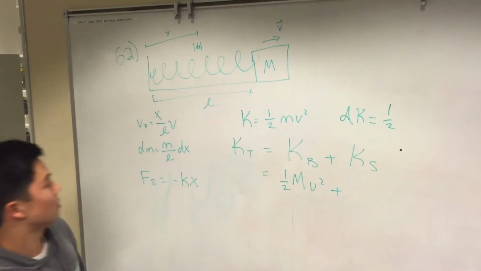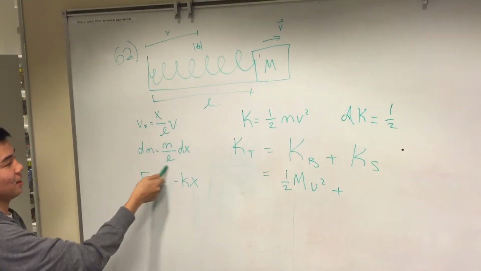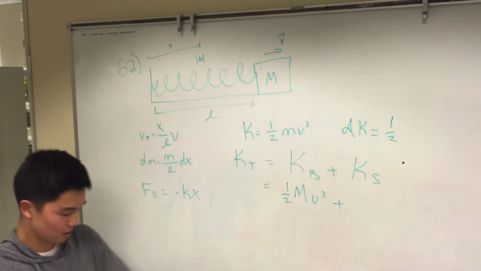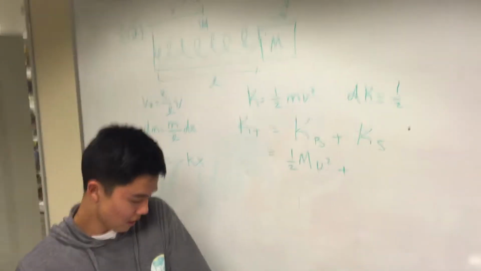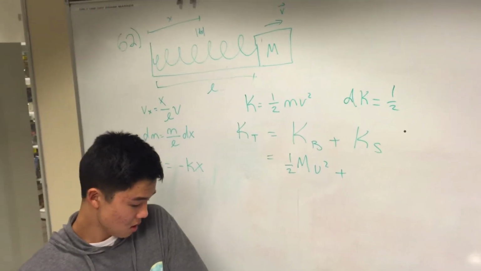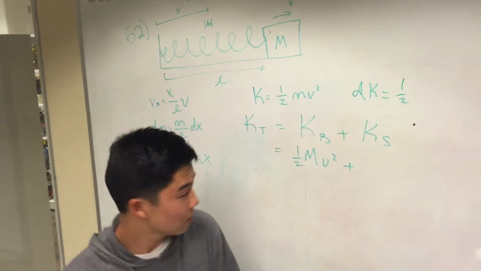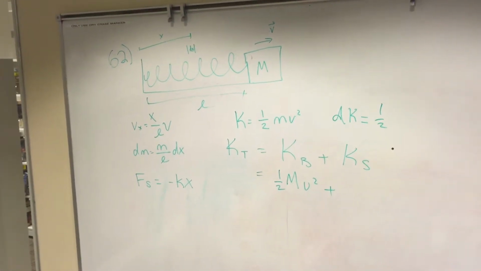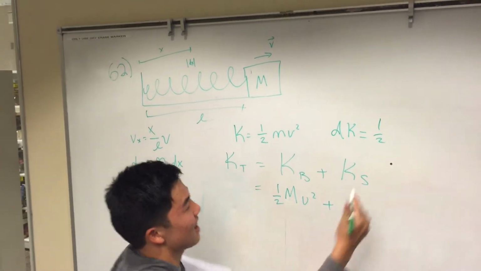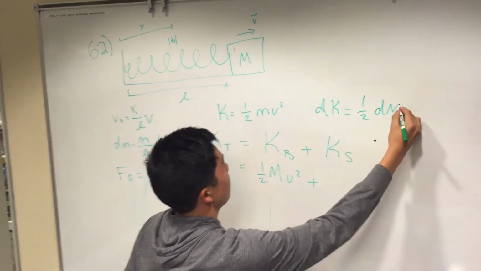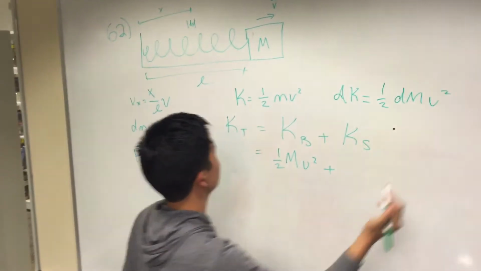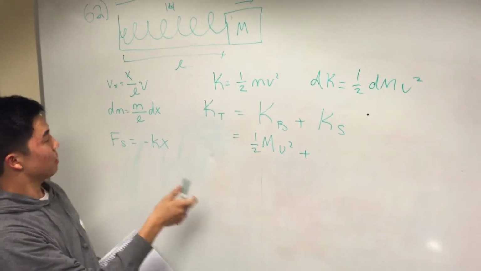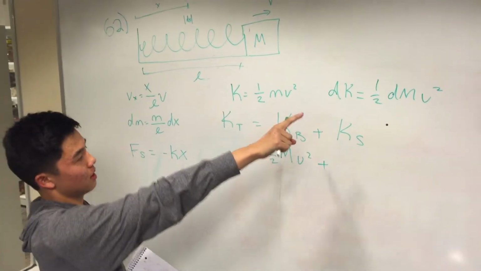Oh, I forgot to mention, the problem also gives you these formulas. So you find dk, which is 1/2 dm v squared.